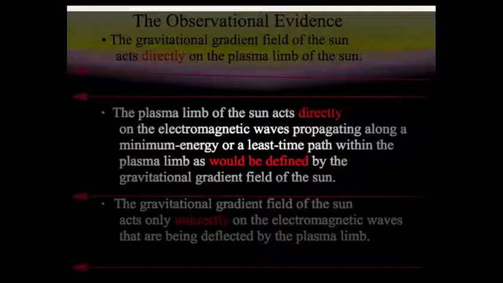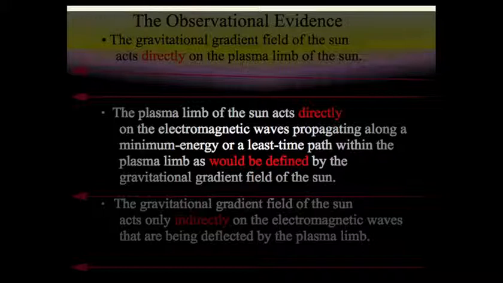You give your students assignments in undergraduate and graduate classes on this, and you know this because I'm preaching to the crowd here. You talk about the minimum energy path, or the least time path, of waves propagating in an atmosphere or some medium, and it would be defined by the gravitational gradient field of the sun. And it turns out that the gravitational gradient field of the sun acts only indirectly with the electromagnetic waves.